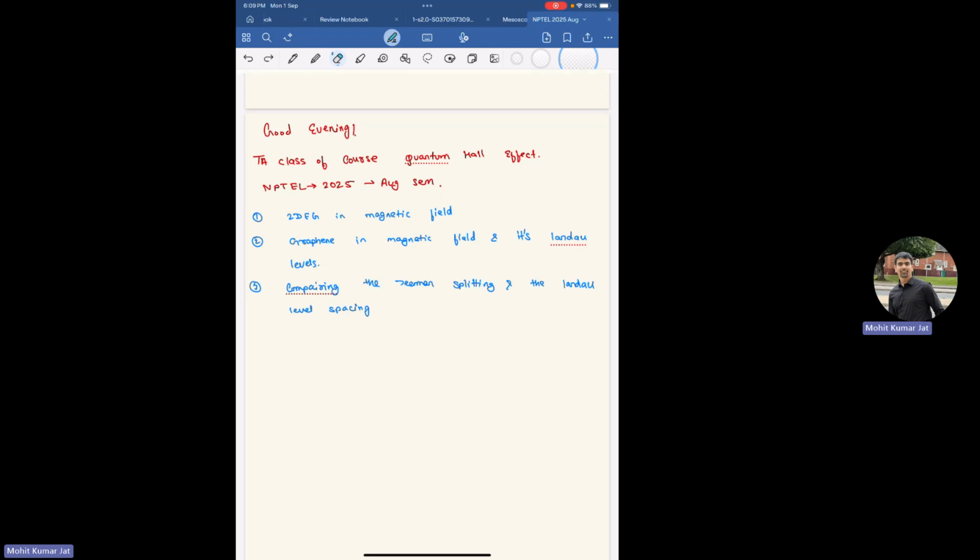But we'll see how they come out in the case of graphene. Then we will be discussing how to induce carriers in graphene.